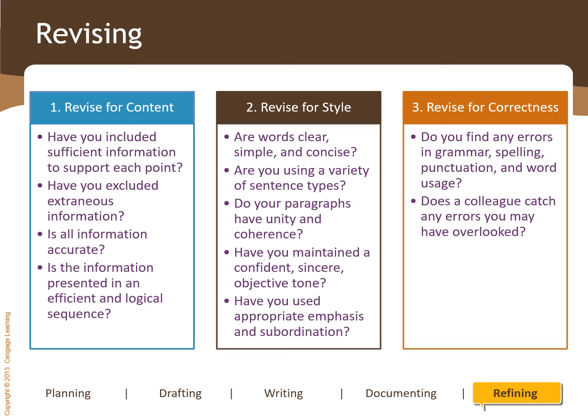We have to ask, have we included sufficient information to support each point? In your report, in your writing piece, you are discussing an idea, you are presenting a fact. Have you included sufficient information so that it makes sense for the reader? Have you excluded extraneous information?